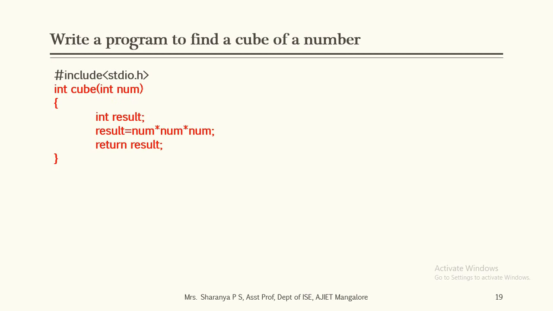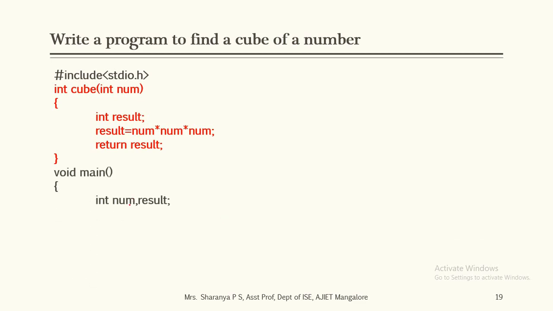We are passing the num and computing the result, int result, that is the cube of the number, and we are storing it in the result variable, and then we are returning the result. Now looking at the main, how it is performed.